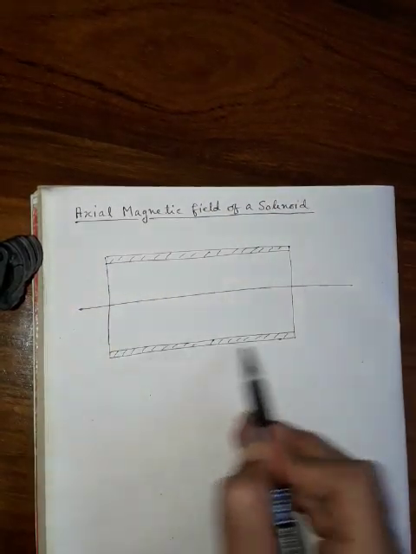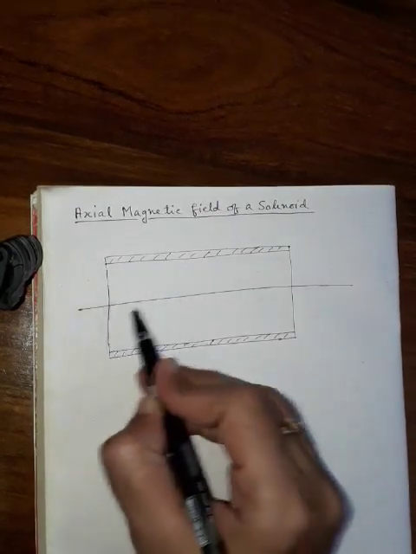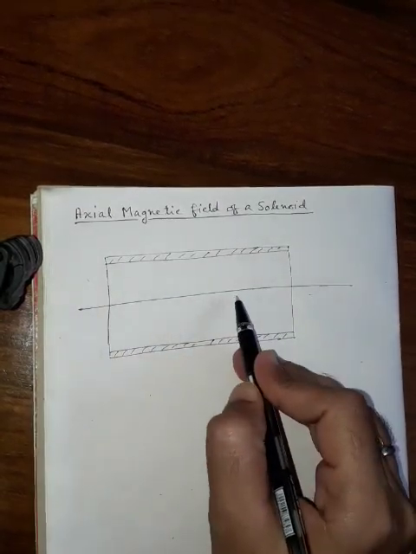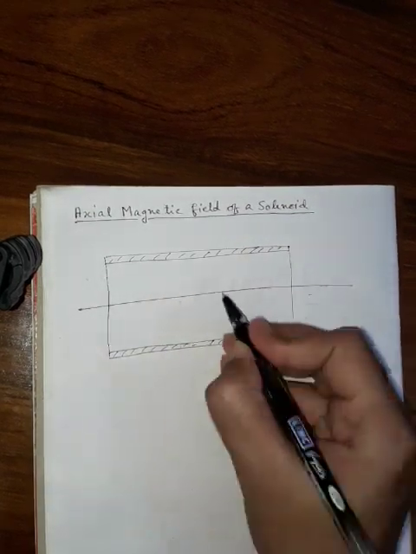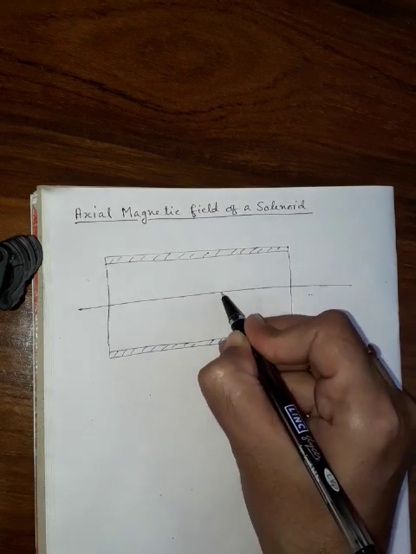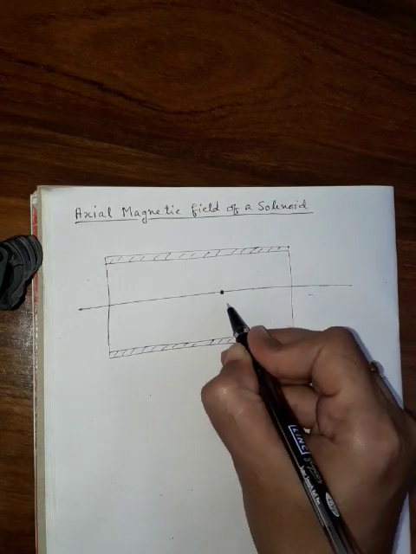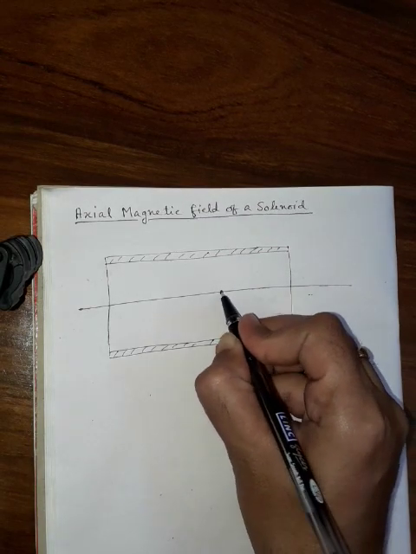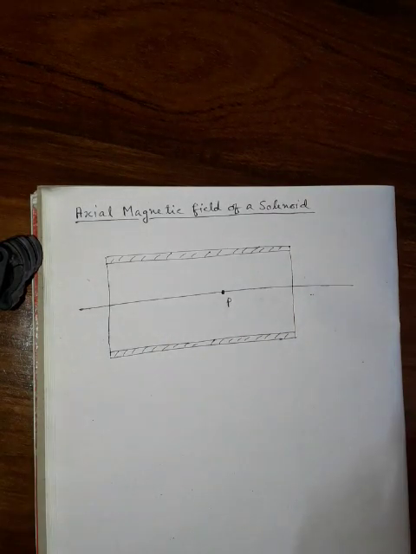This region is the coil of the solenoid, and this is the inside part of the solenoid. Now, suppose a point P is on the axis of the solenoid. This is the point P, which is situated on the axis of the solenoid.